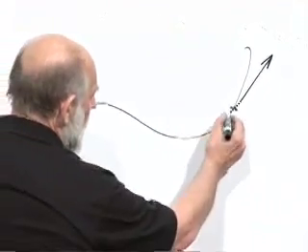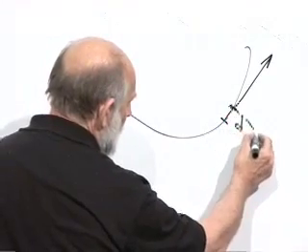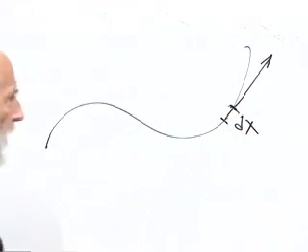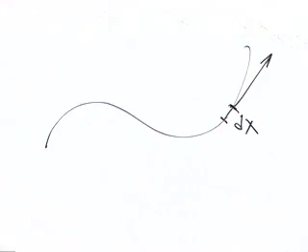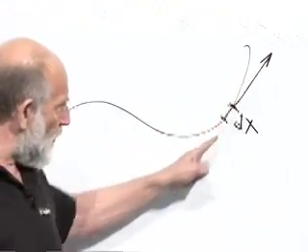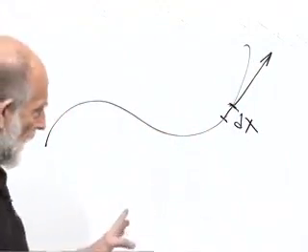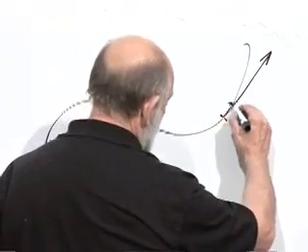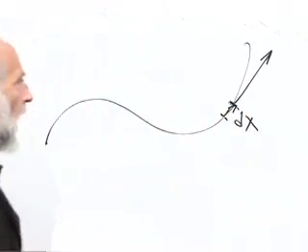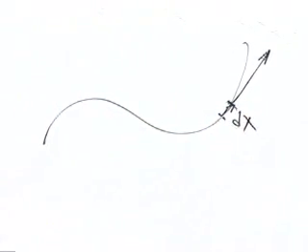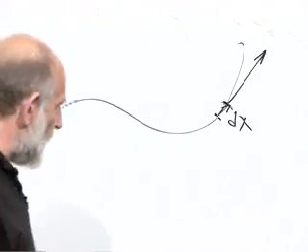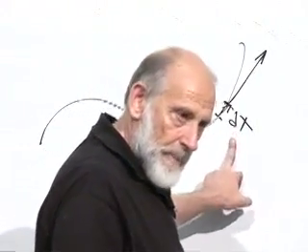Well, the little differential displacement here, dx, now I'm talking only about ordinary space, is obviously pointing along the tangent vector. It's just this little vector over here, from here to here, dx. It points along the tangent vector, but it's not a unit vector, it's a very small vector.